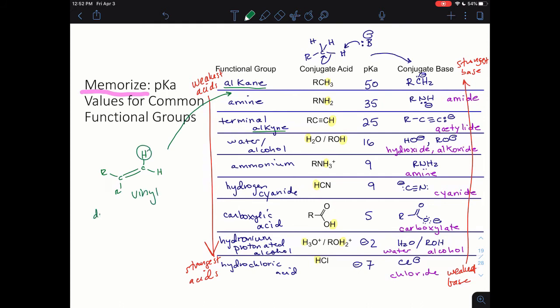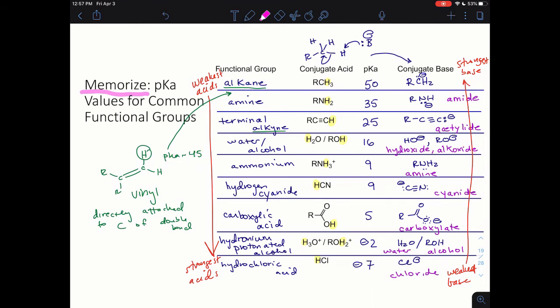Vinyl means directly attached to the carbon of a double bond. And so the pKa of this hydrogen is about 45. So the alkane and the alkene, the vinyl proton, have pretty similar pKa's.